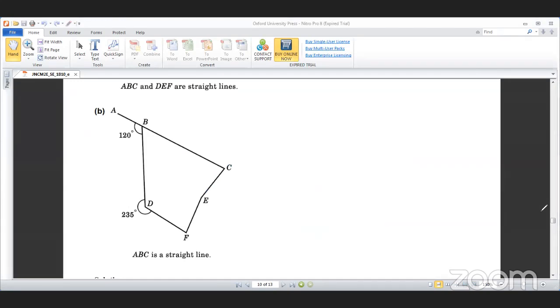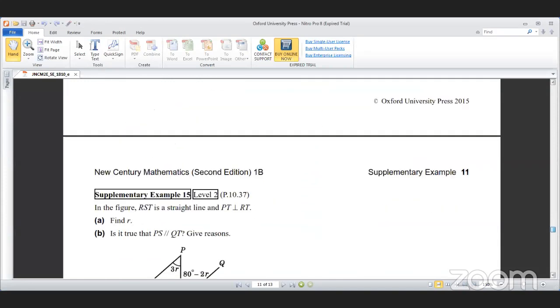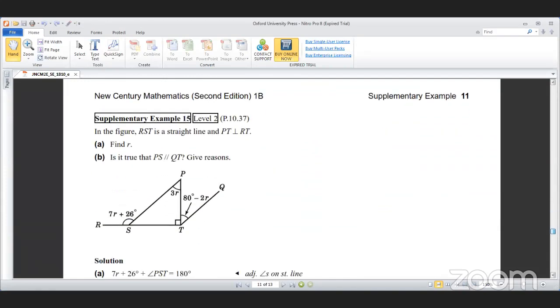Right, then let's move on to do one more. How about this one? Now in the figure, RST. Instead of saying RT, here we stress on RST, they are on the same straight line.